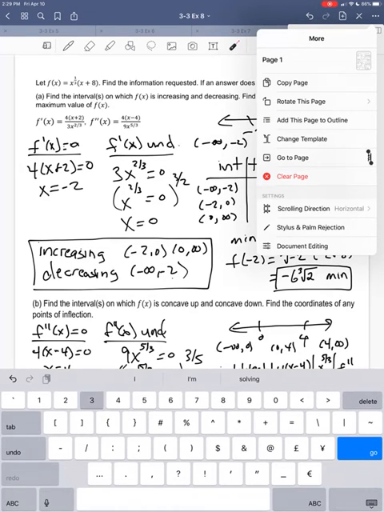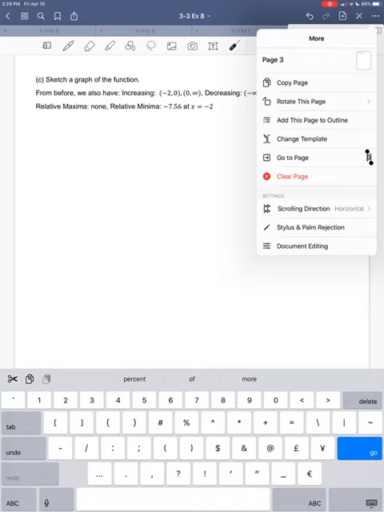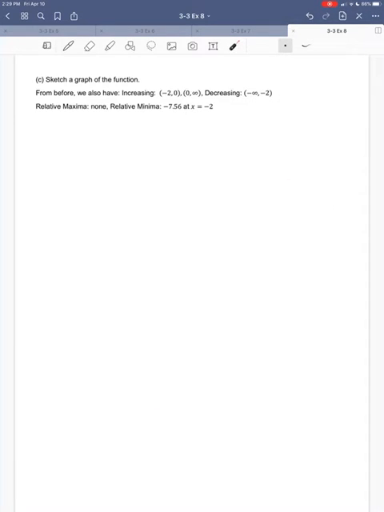So if we're going to try to sketch this graph, oops, I need a pen. All right, something like that. We've got a relative minimum at negative 2.